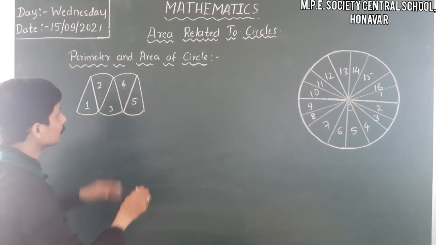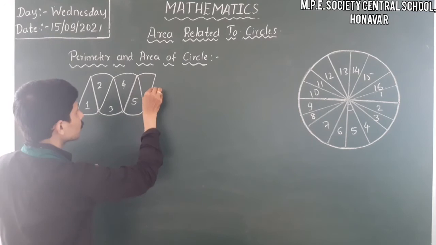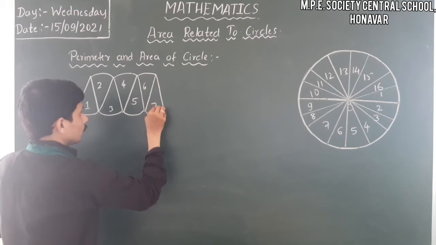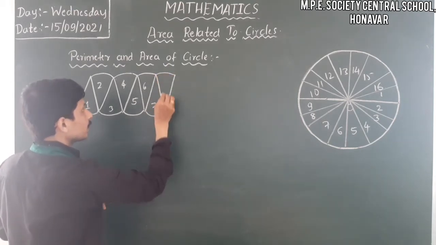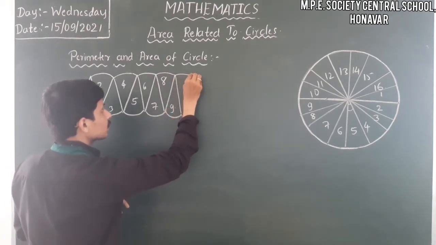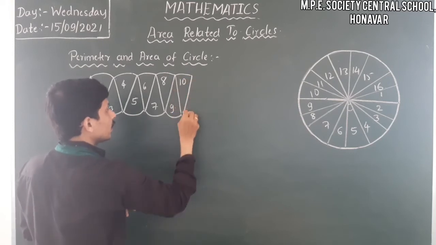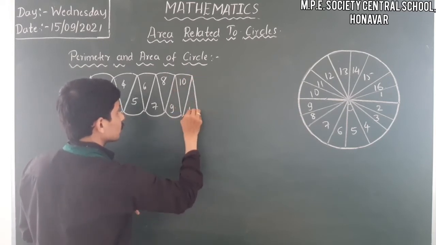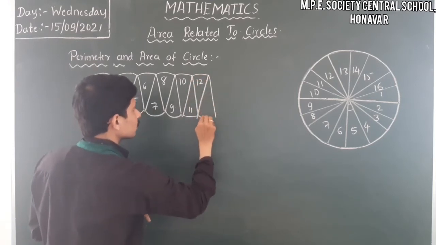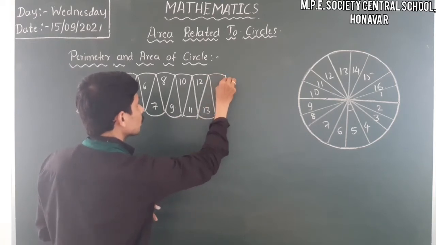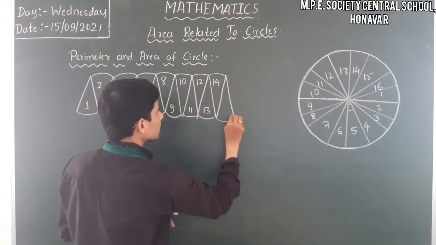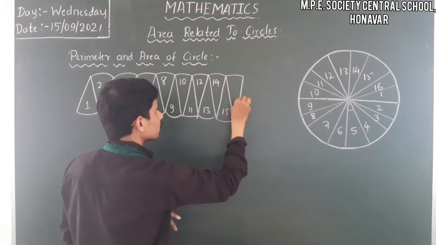One after the other I will place like this, and then this is the sixth one, and this is the seventh one, and this is the eighth one, and this is the ninth one, and this is the 10th, and this is 11th, and this is 12th, and this is 13, and this is 14, and this is 15, and finally it is 16.